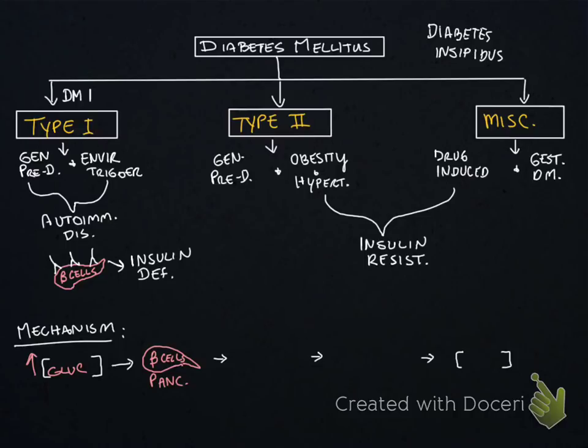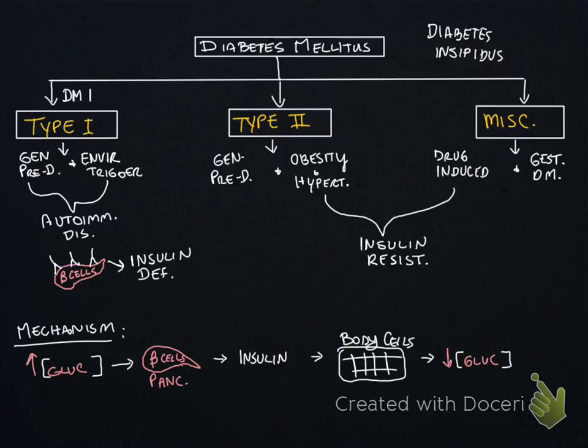Beta cells are the ones that make insulin. And insulin goes and works on body cells. Correct? And in turn, what do we do to our glucose? Those body cells take it up thanks to insulin. And we reduce glucose concentration.